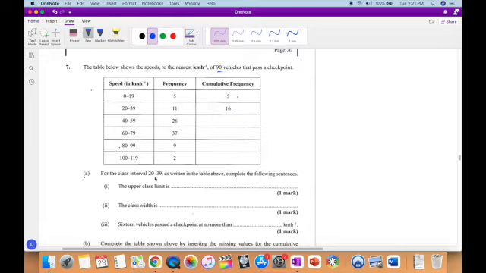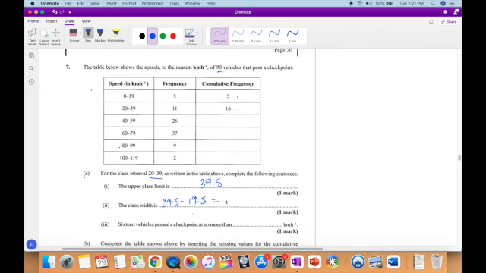So for the class interval 20 to 39, as written in your table above, complete the following sentences. The upper class limit for this particular class will be 39.5. The class width will be the 39.5 minus the lower class limit, which would be 19.5.